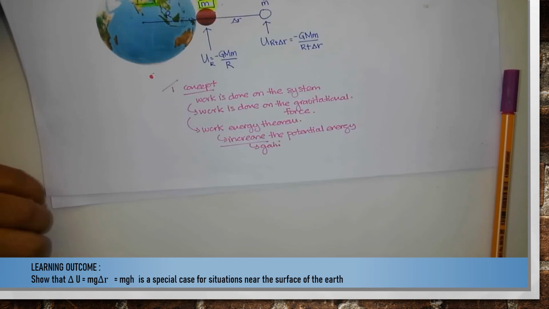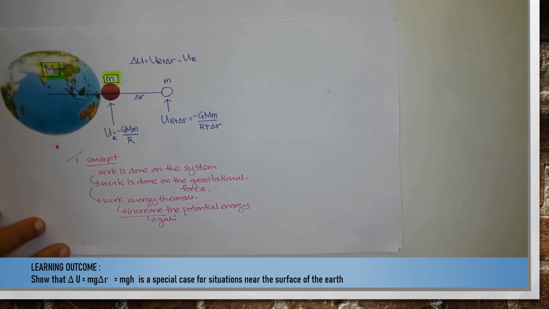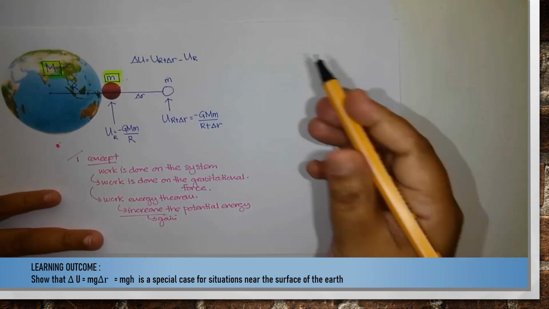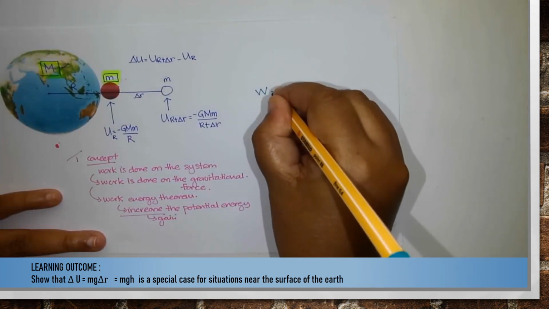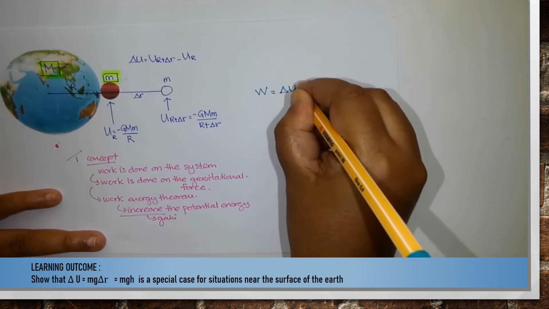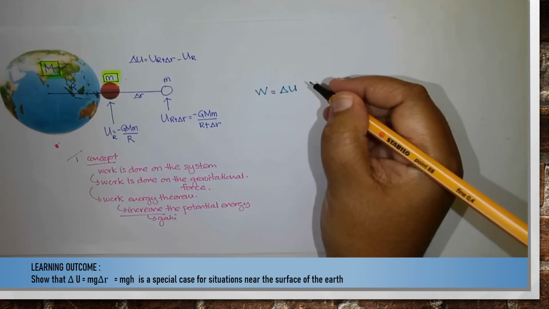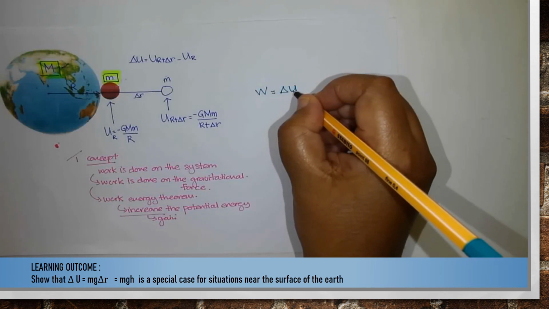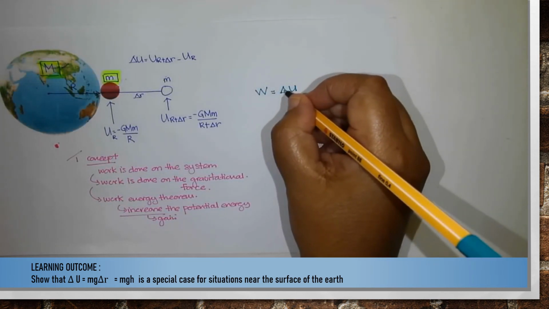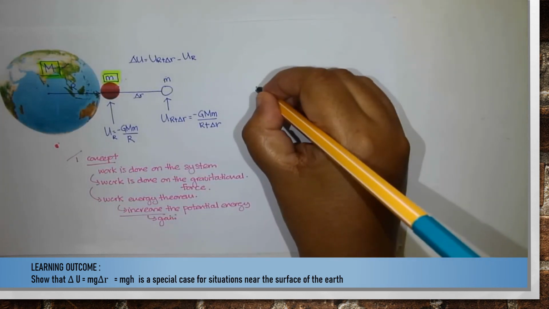So we know that W is equal to delta U. The change in its gravitational potential energy, delta U, equals the work done.